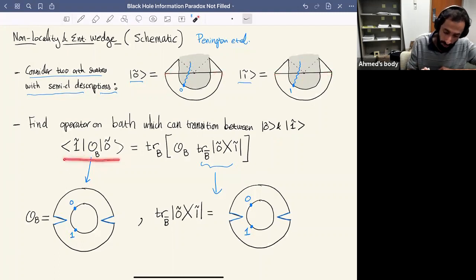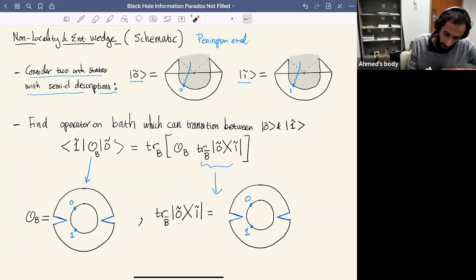So this quantity here, the expectation value of O_B, can be written as such, where because O is only supported on some region B of the bath, this expectation value is a trace of O_B times trace over B bar of this ket-bra 0 1. This is just simple algebraic manipulation.